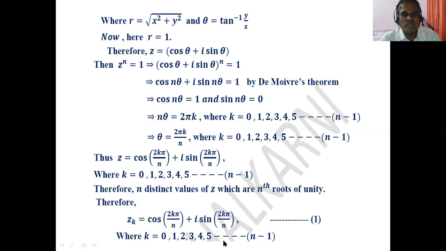So these are the n values, and the formula is z k equals cos of 2k pi upon n plus i sin 2k pi upon n, equation 1, where k equals 0, 1, 2, 3, 4, 5 up to n minus 1. So this is the nth roots of a complex number formula.